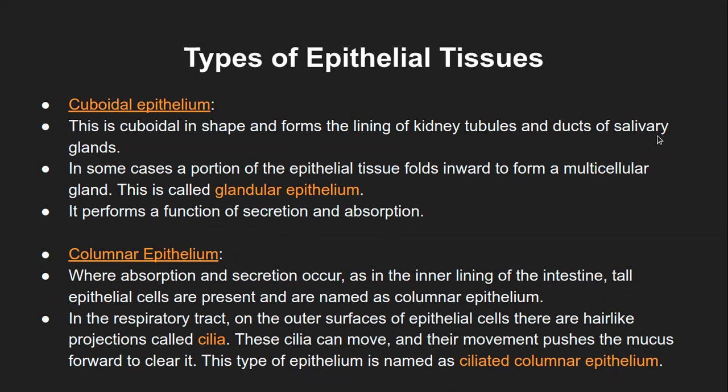Salivary glands are present in your oral cavity and secrete your saliva. Now imagine cuboidal cells forming a round, ring-like structure, and the center is an open cavity through which the saliva will be secreted.